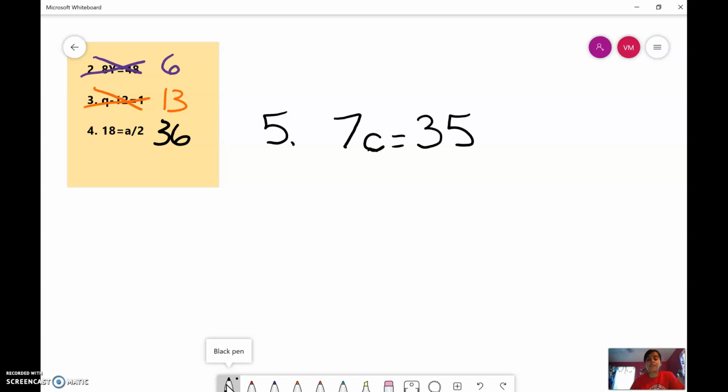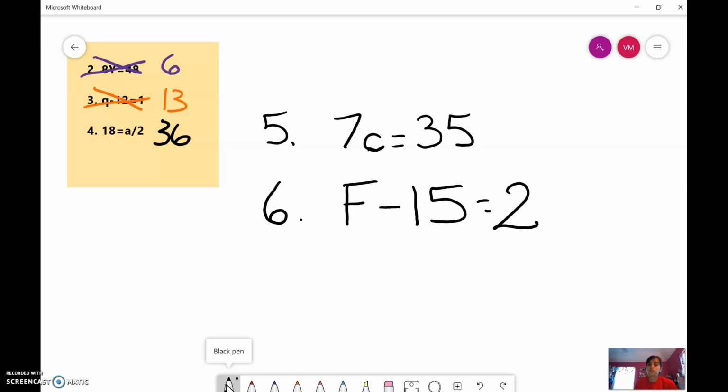So what's the value of that c? Question 6, because I know you can do these: f minus 15 equals 2. Hopefully you can solve those 2.